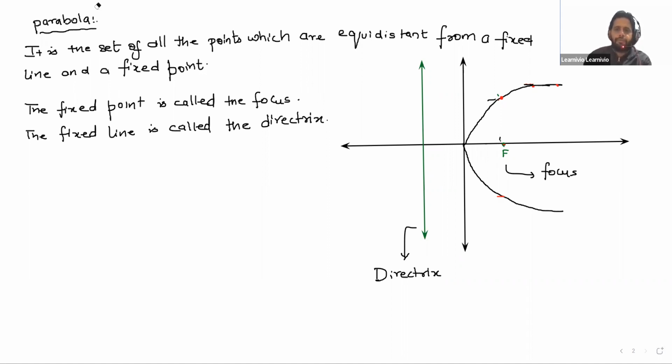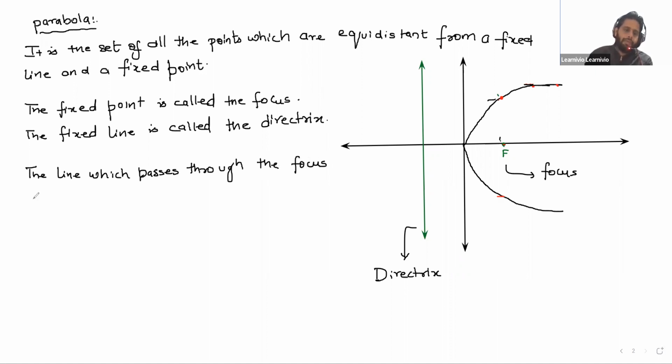Now, next is the line which passes through the focus and perpendicular to the directrix.